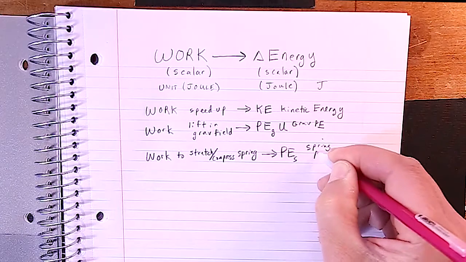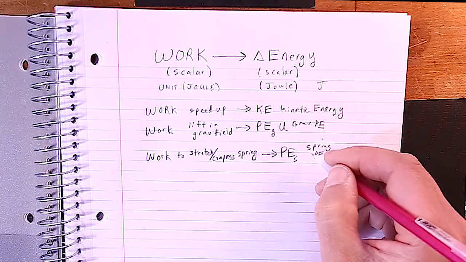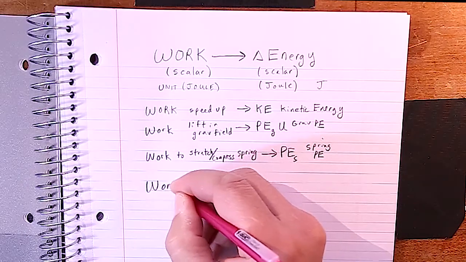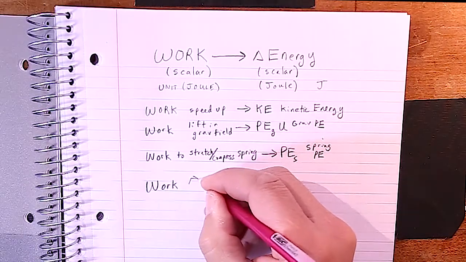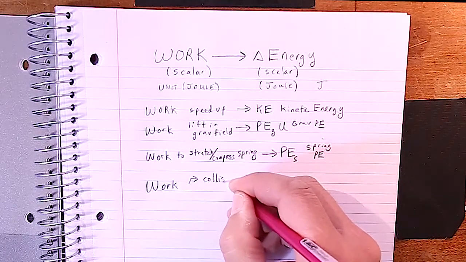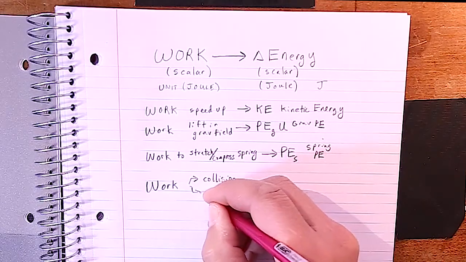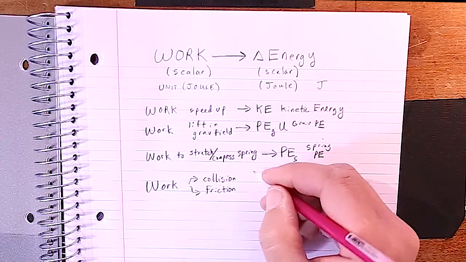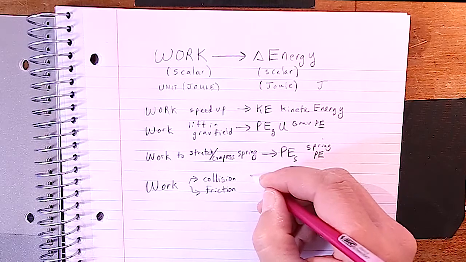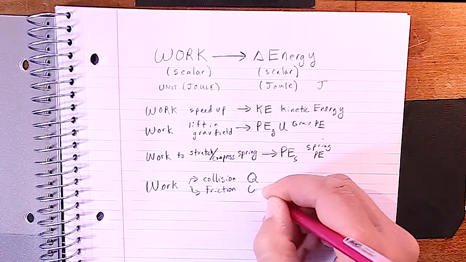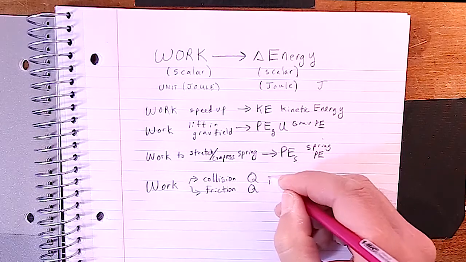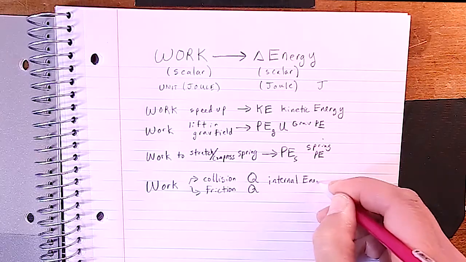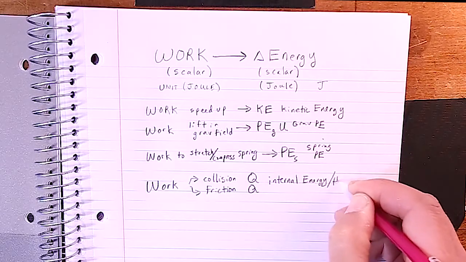And lastly, we have two situations where we can say work that occurs during a collision or work due to friction. These produce a type of energy called heat, and the symbol for that is Q. So this is a form of internal energy, and it is just heat.